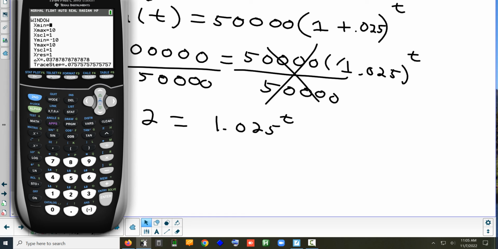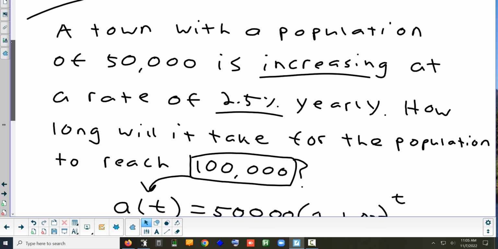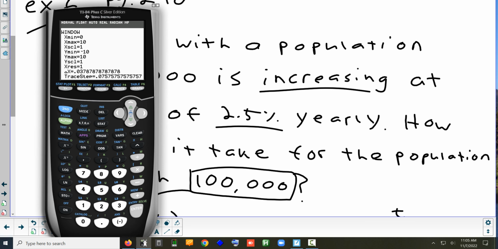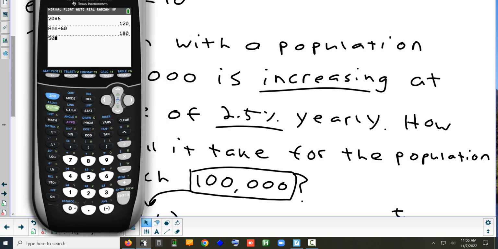A good maximum? Well, it's going up at 2.5%. So essentially, if you start at 50,000 and go up 2.5% the first year, you'd multiply by 1.025. That's your population at the end of the first year.